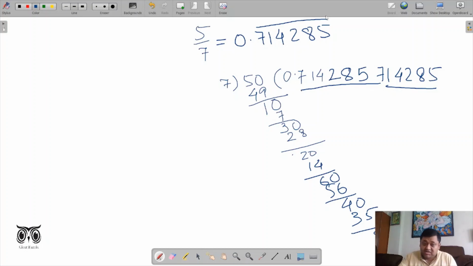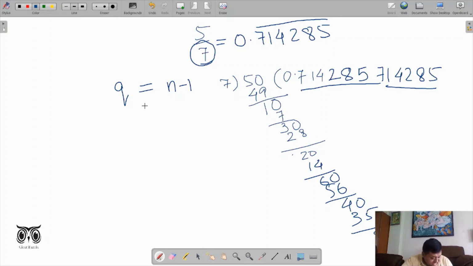So if you actually observe, whatever be the number n here in the form of q, the maximum number of repeating digits that can be there in the decimal form is n minus 1. So that is 6 here in this particular case.